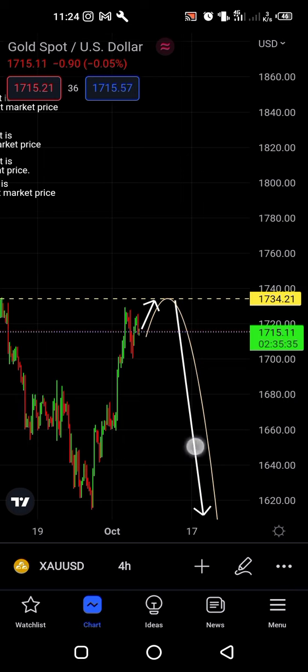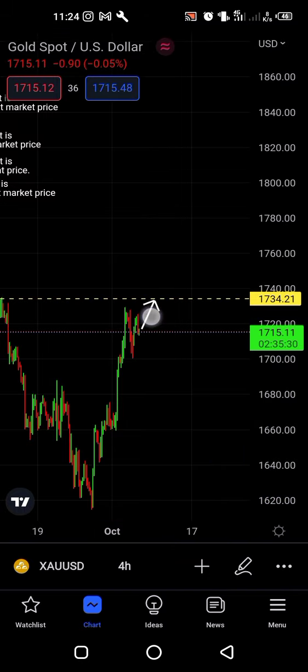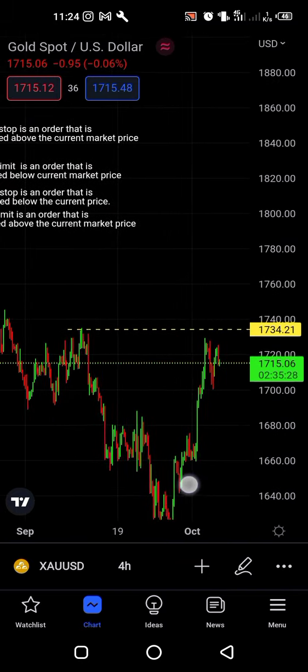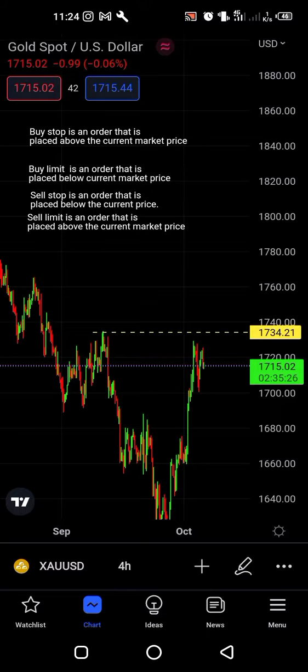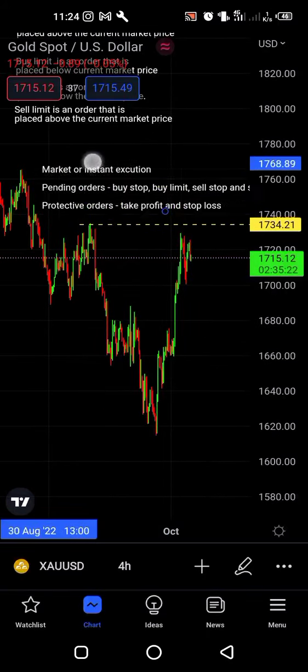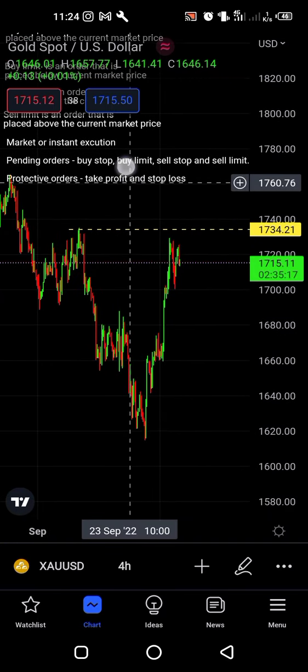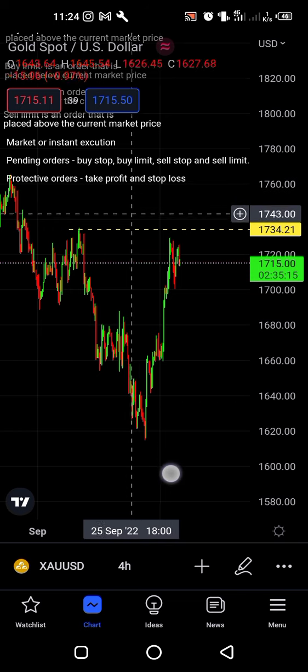So the last types of orders we'll talk about are the protective orders. For the protective orders, you have take profit and stop loss.